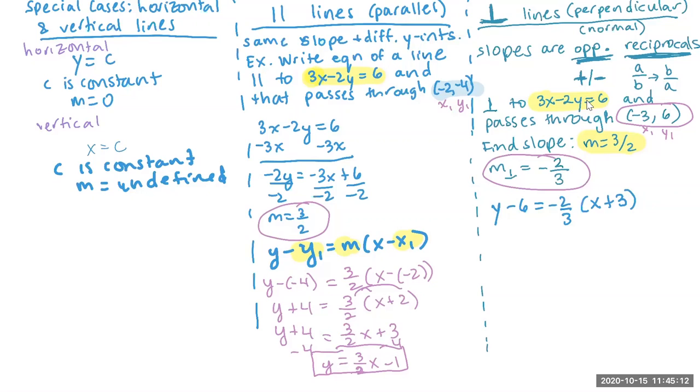So once again, sometimes all the problem asks for is to leave your answer in point slope form, in which case you guys would be done at this point. That is the line perpendicular to that first line.